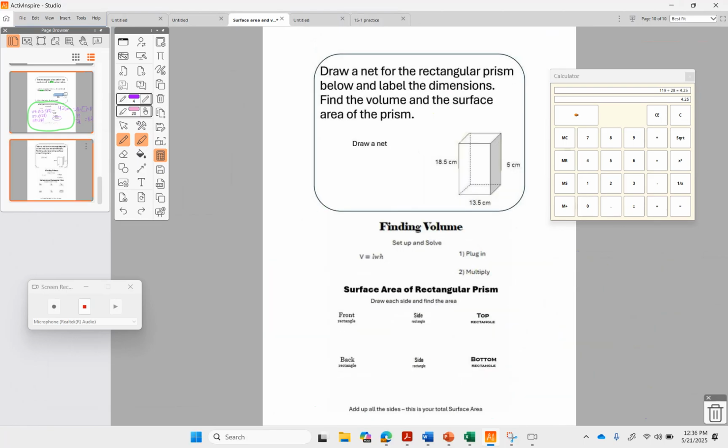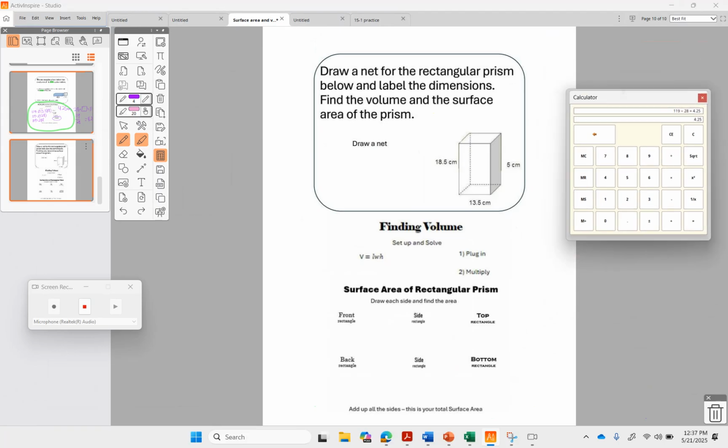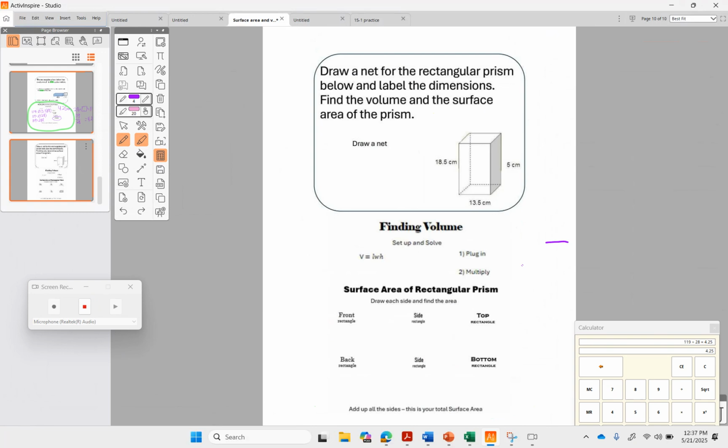Last one, draw a net for the rectangular prism below and label the dimensions, okay? So if I'm drawing this net, I'm going to draw it nice and neat. Okay, it's a little confusing. That 5 should be like down there. Okay, so this is 13.5. And that's 18.5.